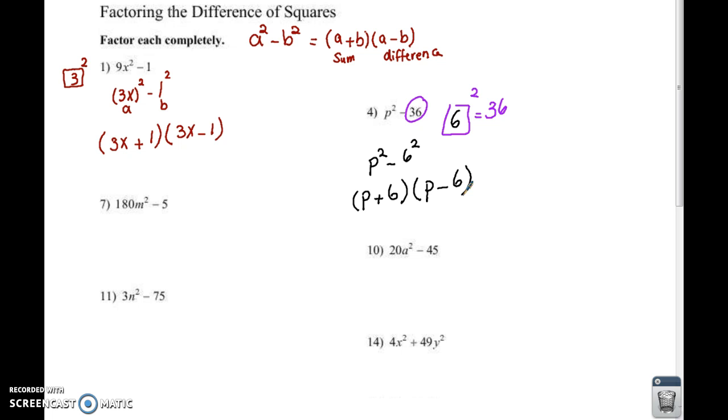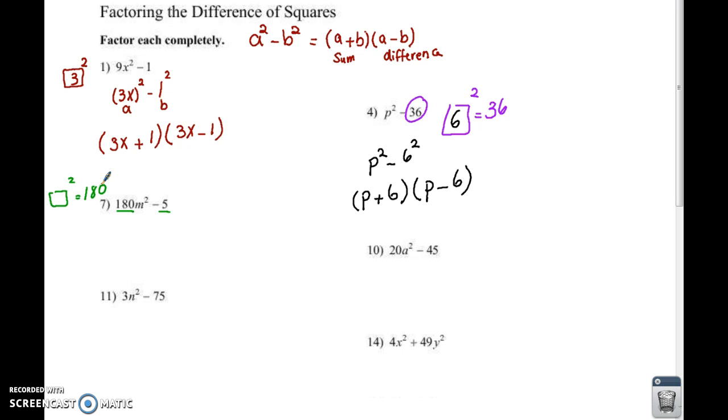Look at number 7. (180m squared minus 5). We have 2 problems here. The 180 and the 5, they will not fit a perfect square. What base squared equals 180?